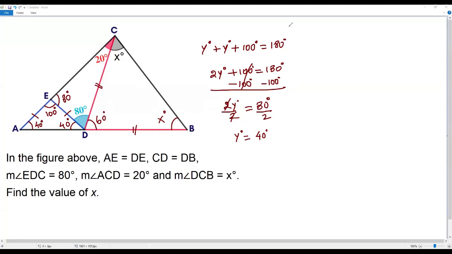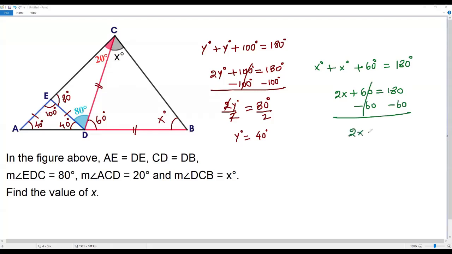So x plus x plus 60 equals 180. Combining x and x, I get 2x plus 60 equals 180. Subtracting 60 from both sides, I get 2x equals 120. Dividing both sides by 2, x equals 60. I got the value of x in the given figure. So the value of x is 60.